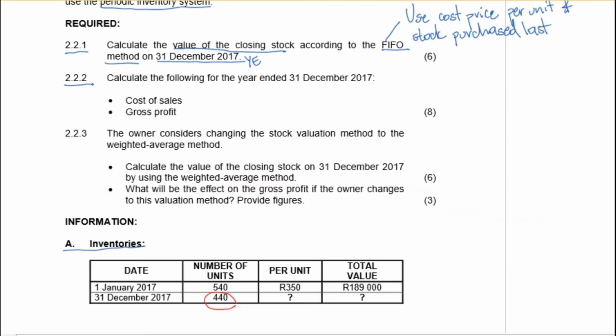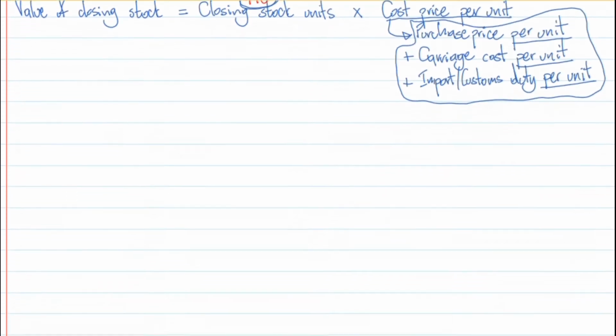In 2.2.2, it says to calculate the following for the year ended 31 December 2017: cost of sales and gross profit. So let's look at cost of sales first.